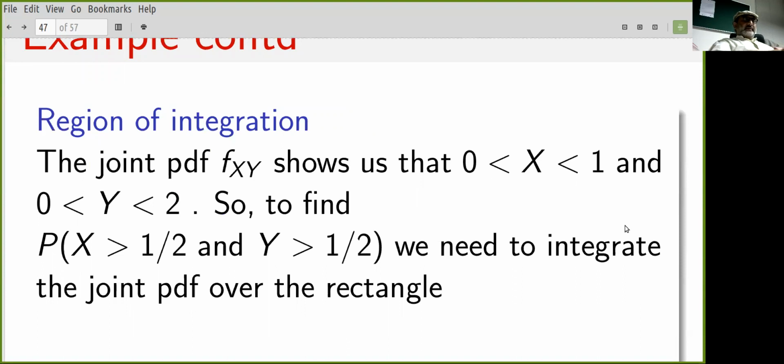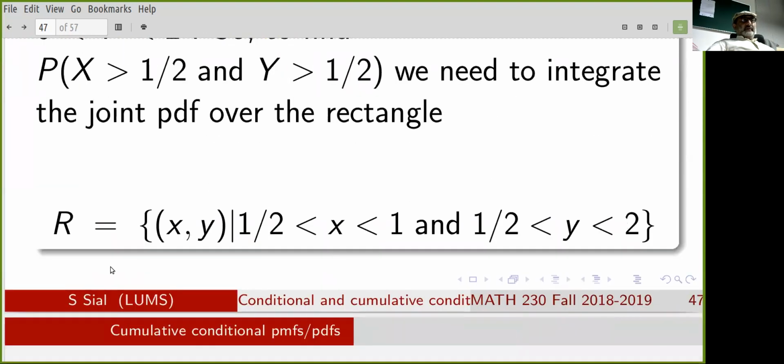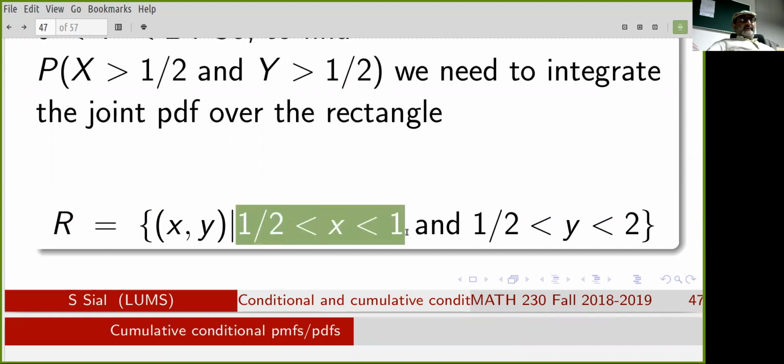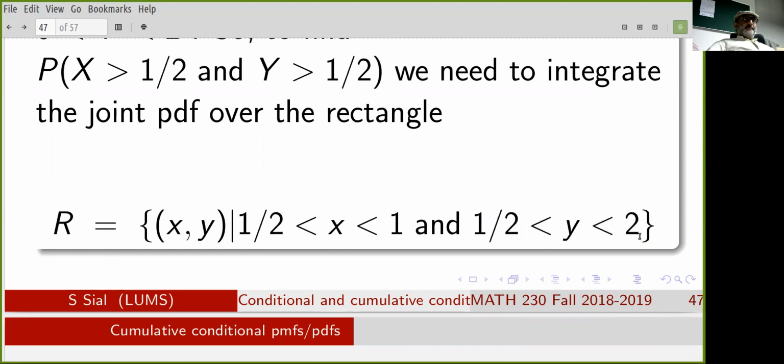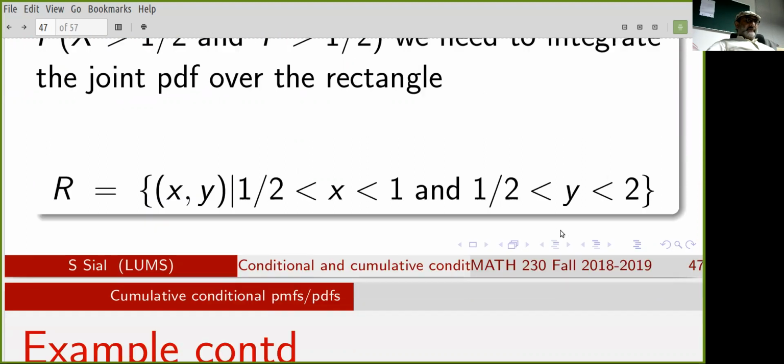And so to find x greater than 1/2 and y greater than 1/2, we need to integrate over that rectangle where x goes between 1/2 and 1, and y goes between 1/2 and 2. There's no point in integrating beyond this range because then the joint PDF drops to 0.